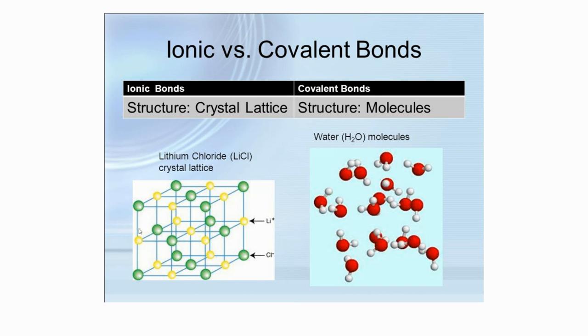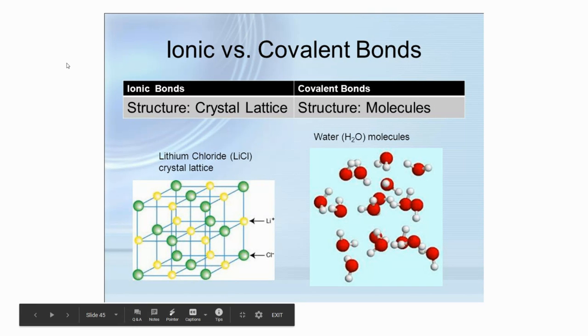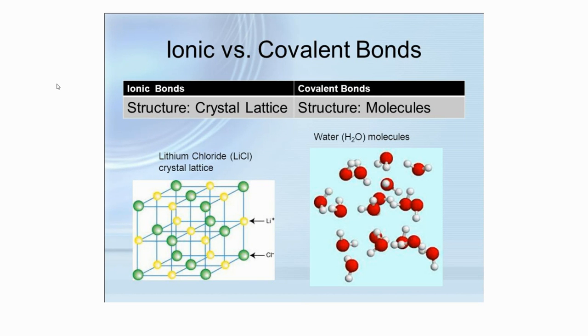And there are all different types of crystal lattice structures, that all really depend on the size of the ions and the charge on the ions. Each ionic substance will have different crystal lattice structures. Some have the same, but often they're different.